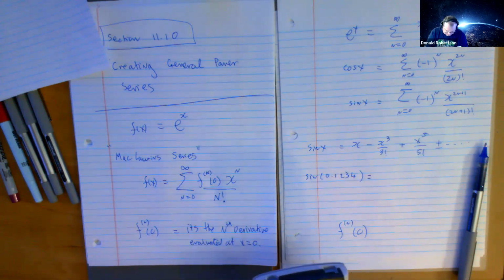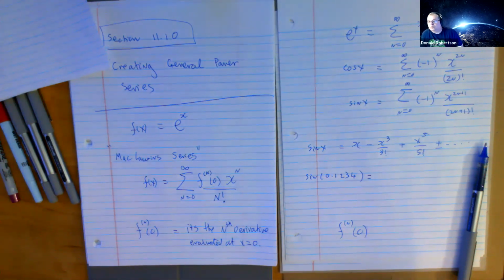0.1234, take away 0.1234 raised to the power of 3 divided by 3 factorial, which is 6, plus 0.1234 raised to the power of 5 divided by 5 factorial, which is 120.